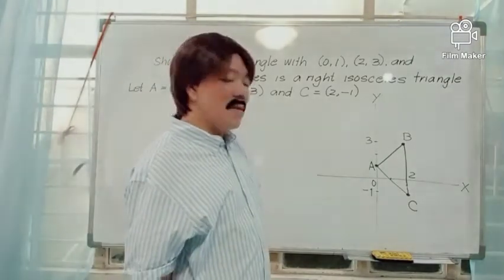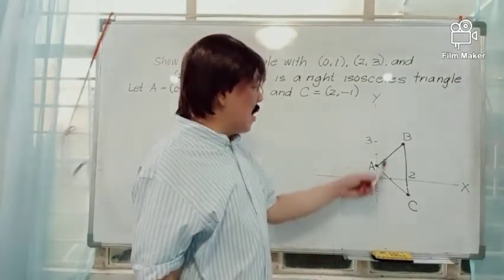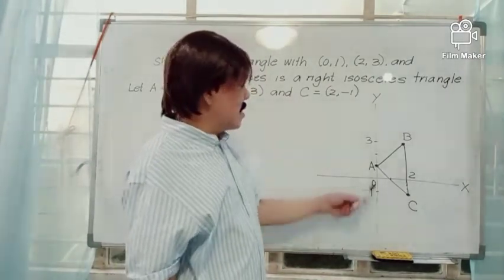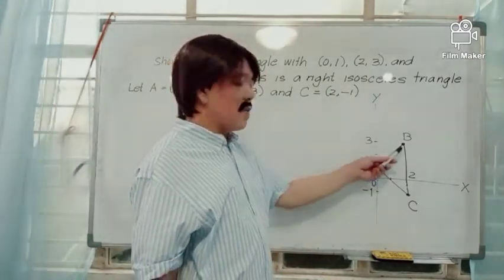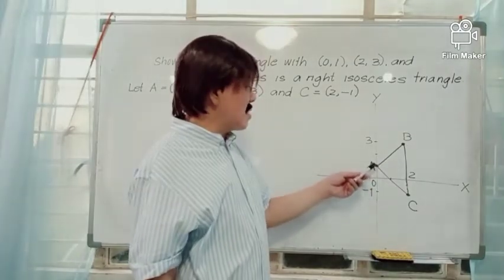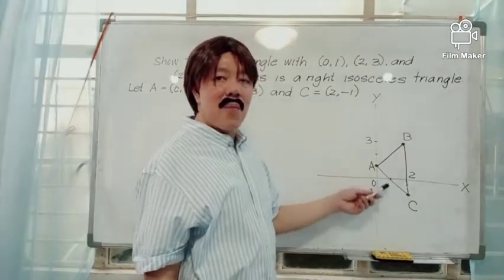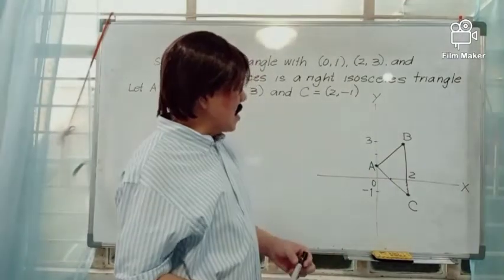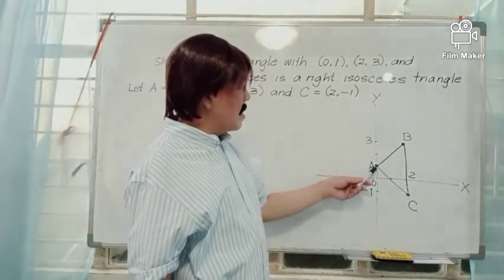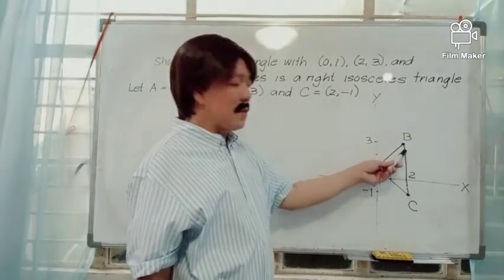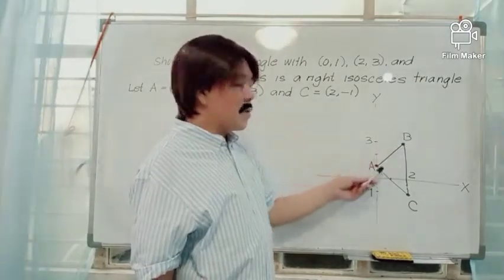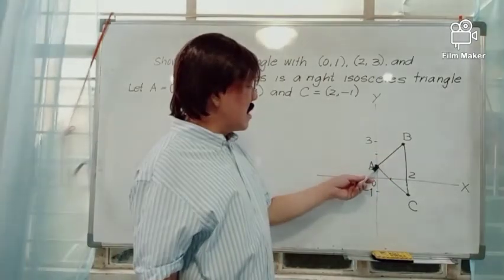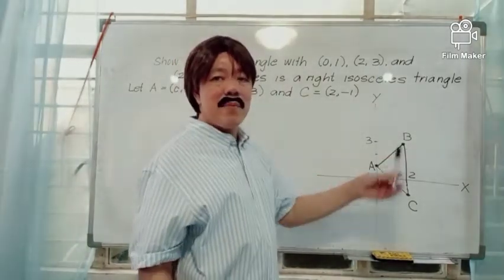First, we show that two of these three sides are congruent, and the length of each side will be given by the distance between the two vertices of this triangle. We start with this side through the vertices A and B, and we get the distance between A and B.